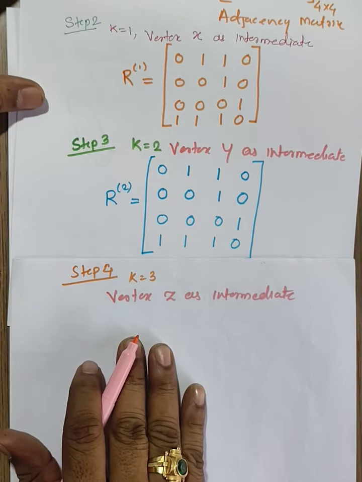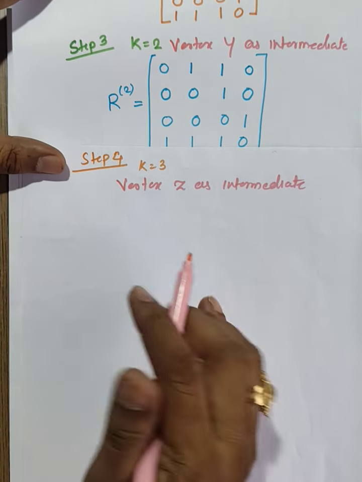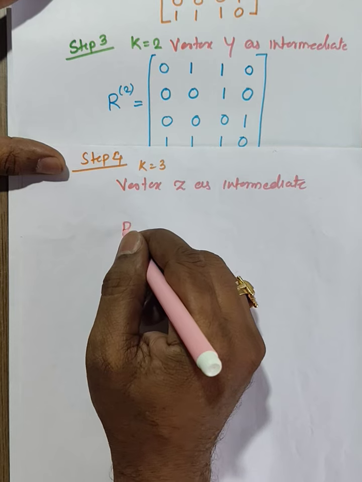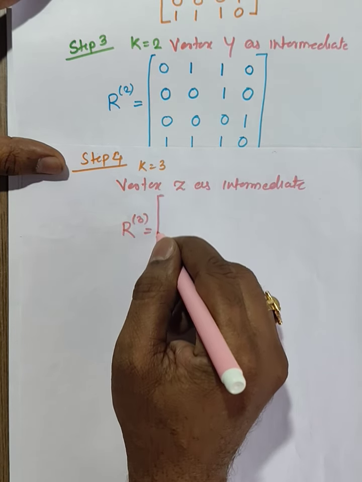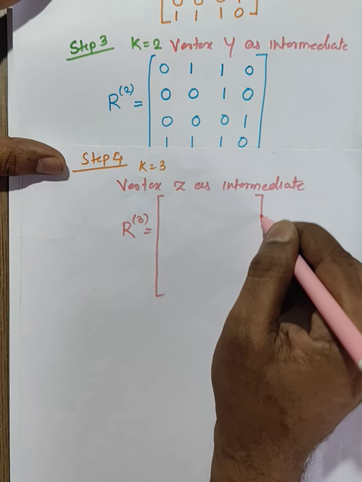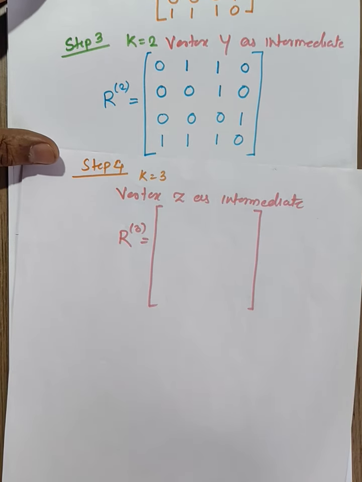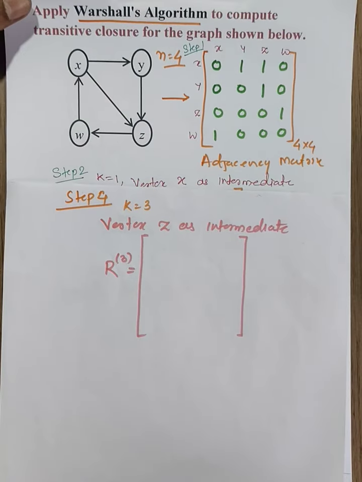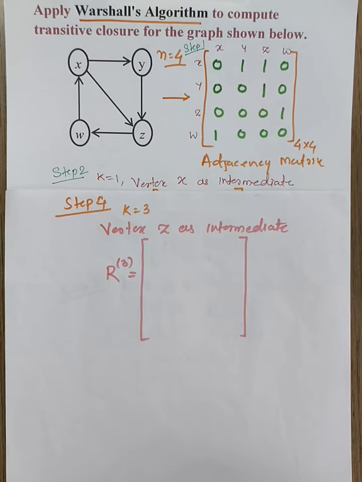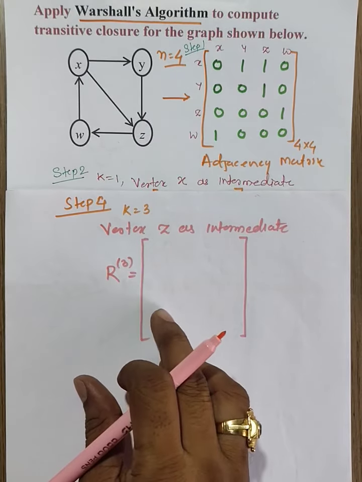If vertex z is an intermediate vertex, then here R to the power 3, within this R to the power 3, vertex z as an intermediate vertex. If z is an intermediate vertex, then you check k equal to 3. K equal to 3 means z is an intermediate vertex.